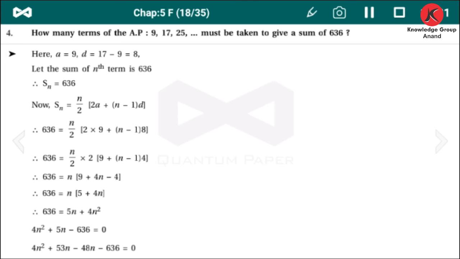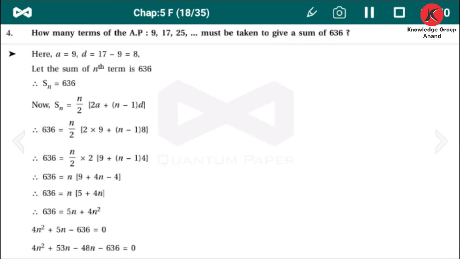The terms 9 and 17, the difference is 17 minus 9 is equal to 8. And n is to be found, and 636 is equal to Sn. Put the value in Sn is equal to n by 2 into 2a plus n minus 1 into d. 636 is equal to n by 2 into 2 into 9 plus n minus 1 into 8.